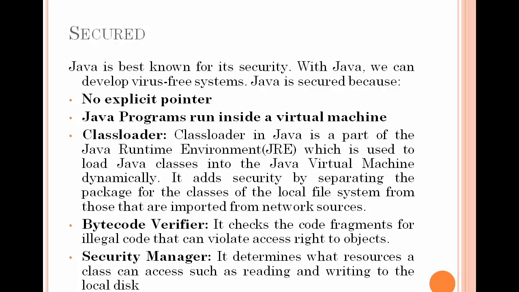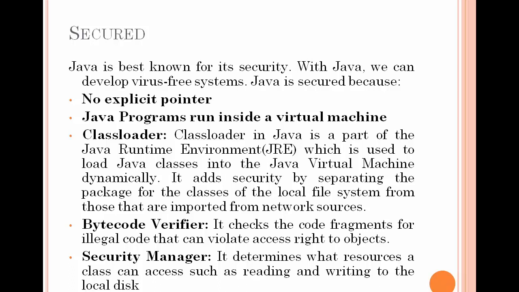Java is secure because it has no explicit pointers, since the pointer feature has been removed because it is rarely used in programming languages. And Java programs run inside a virtual machine. Java has a particular virtual machine, which is the JVM.